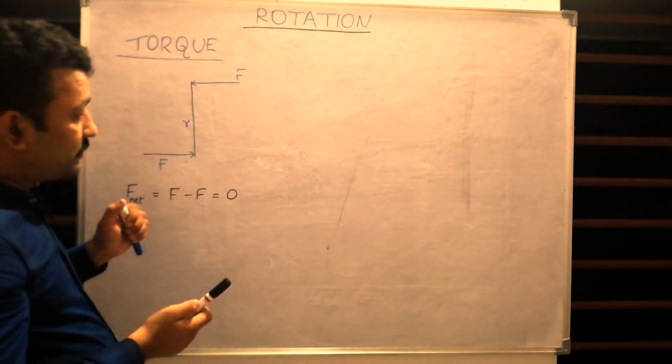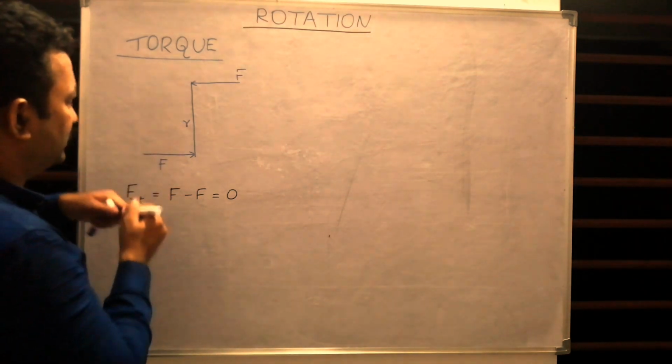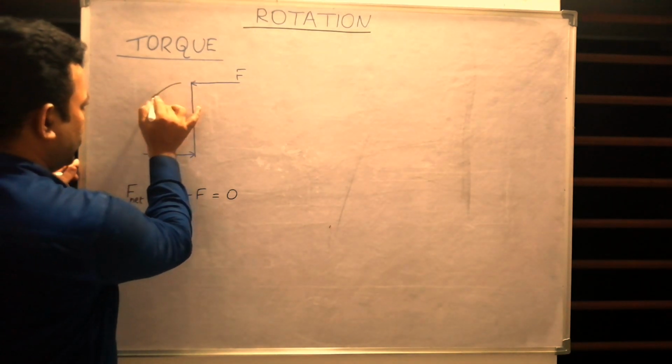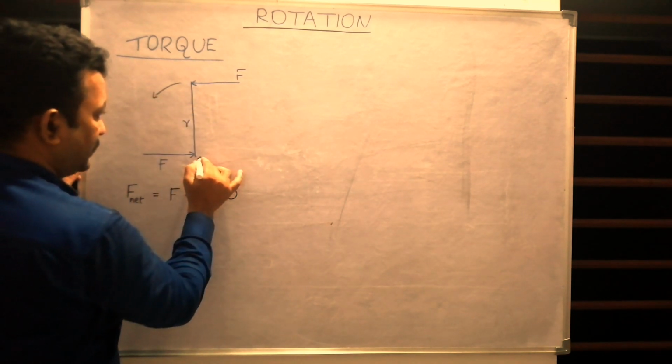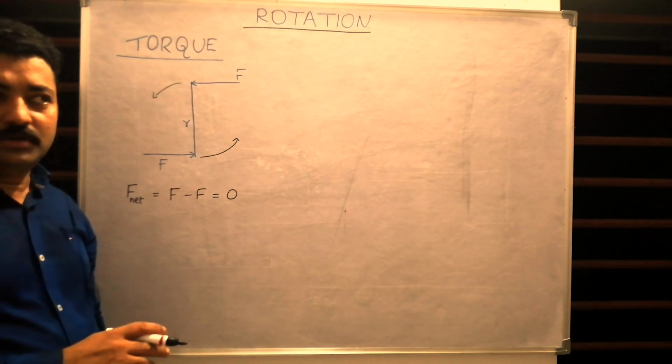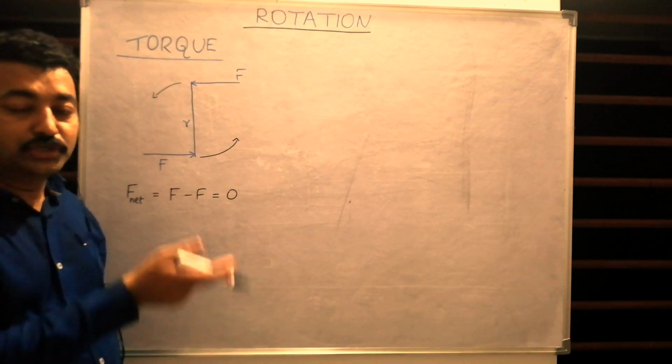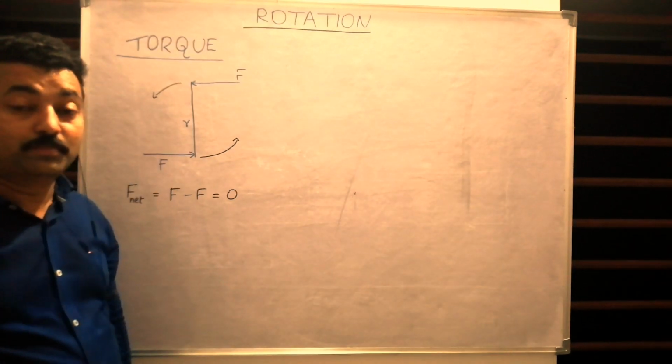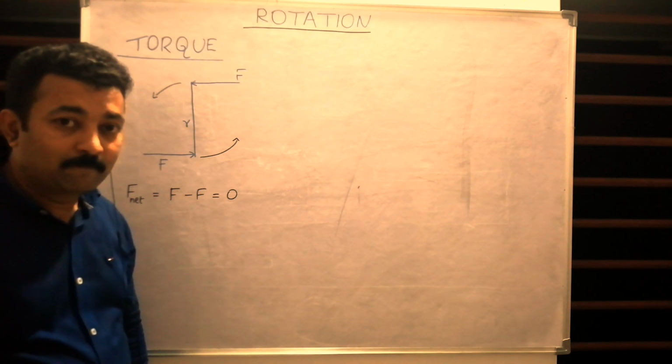What is the effect of a couple? This end will rotate in this fashion and that end will rotate in this fashion. So we can see that a couple leads to the formation of a rotation, or a couple rotates the body.